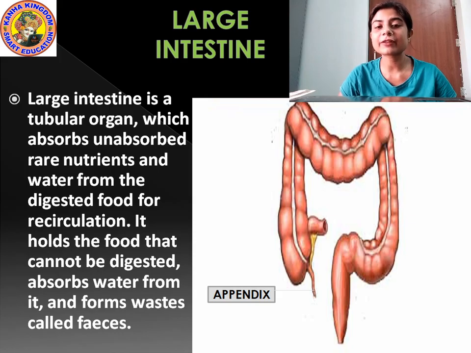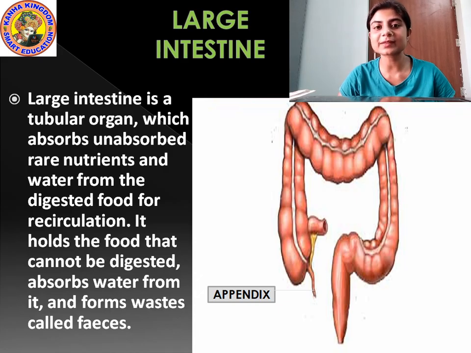The dietary fibers that are not completely digested move to the large intestine, where it absorbs the water from that food, which is recirculated again in our body.